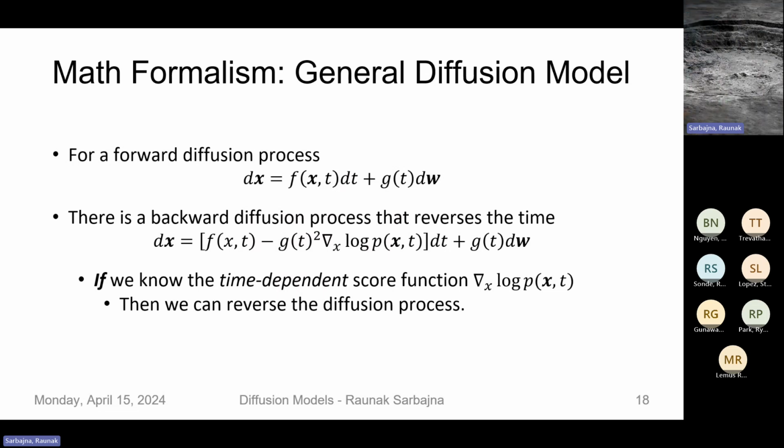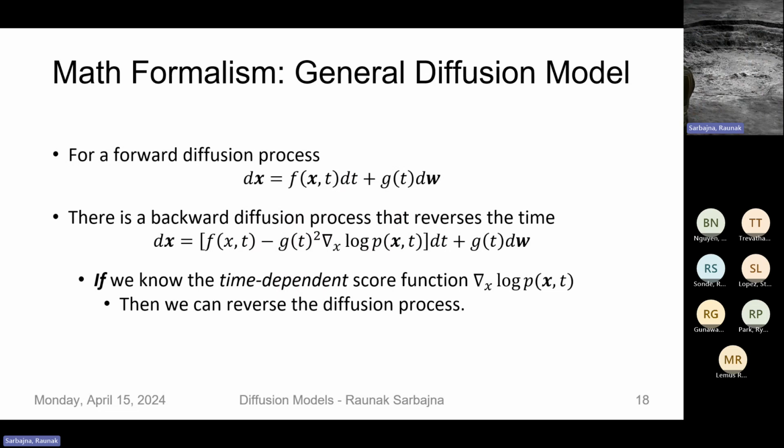So it goes from t equals infinity to t equals 1. For that purpose, this time-dependent score function is what we are trying to estimate: the gradient of log p given x and t. So this is the backward diffusion process that we are trying to estimate.